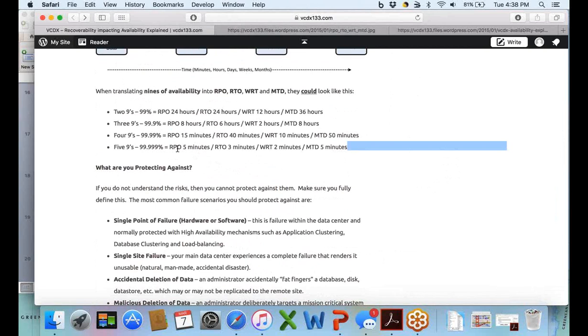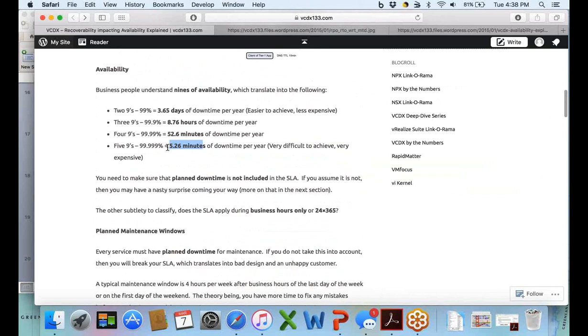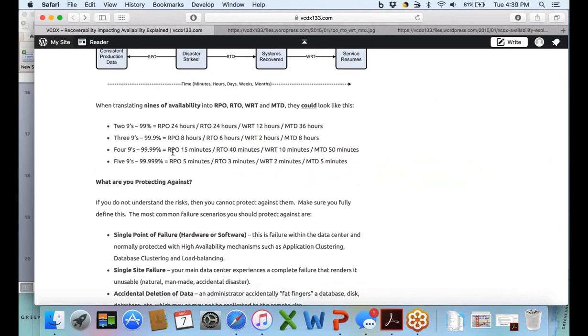Now the hard one is 5 nines. Your RPO may be 5 minutes, but you only have 5.26 minutes, so we're already cutting it a bit close there. Yeah, I always heard that with 5 nines, you can't even boot all VMs and have them communicate properly. I'm not going to argue that point.